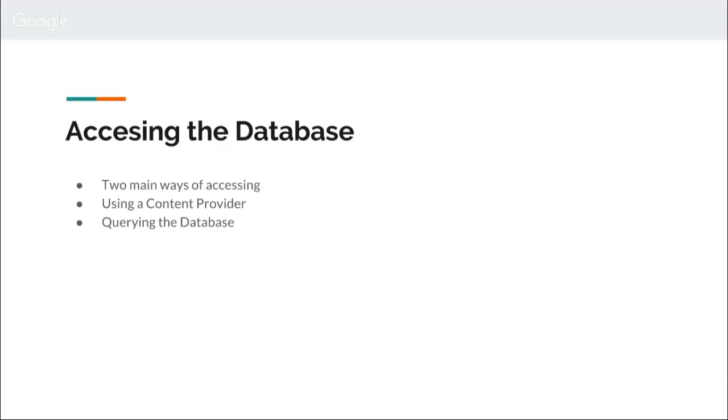Okay, and the other way is querying the database. This can be done by direct queries or raw queries, where you just write the query like the one I showed before. You just pass a string like update name from the student table, and that's how you can do it.